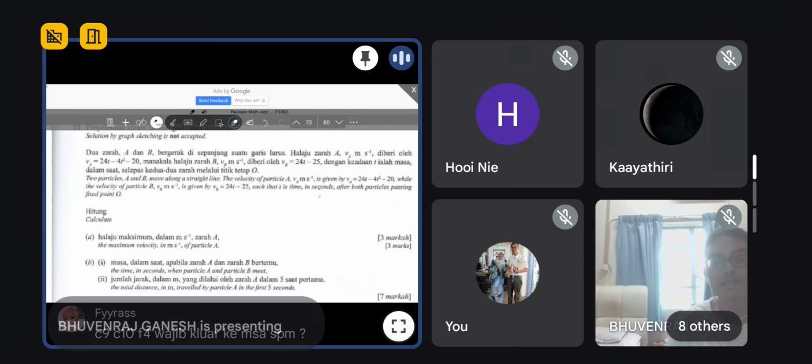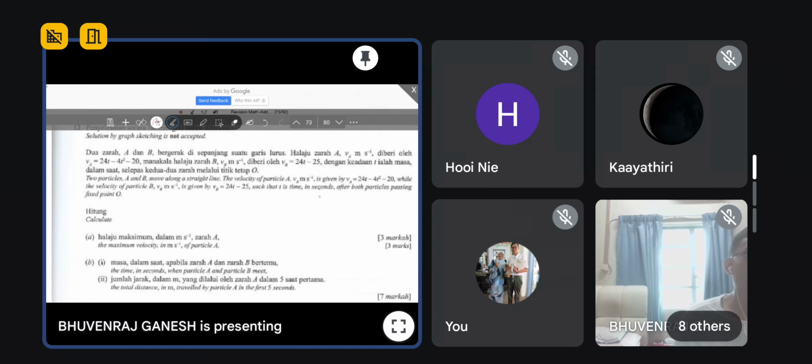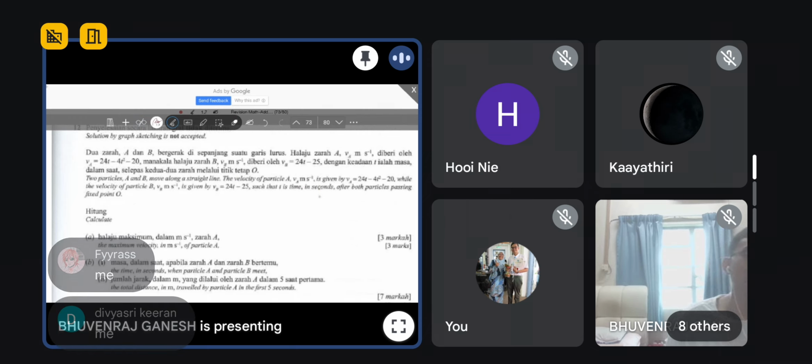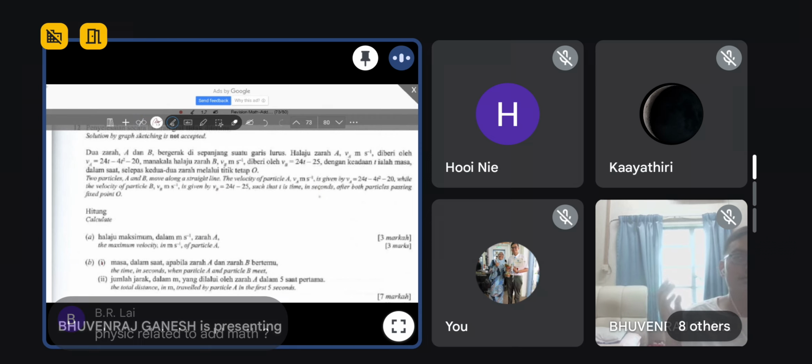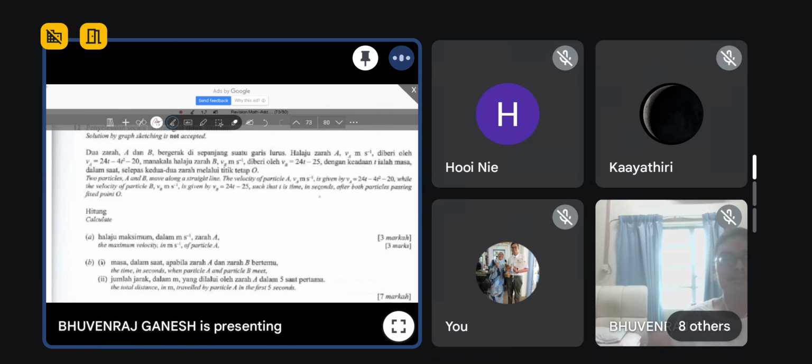You just see the question, in paper 2 section C. Who here took physics for SPM? Can you all comment? This chapter has a bit of physics too, like the concepts of acceleration, velocity, and distance. Physics is definitely related to admaths. Physics formulas come from admaths.